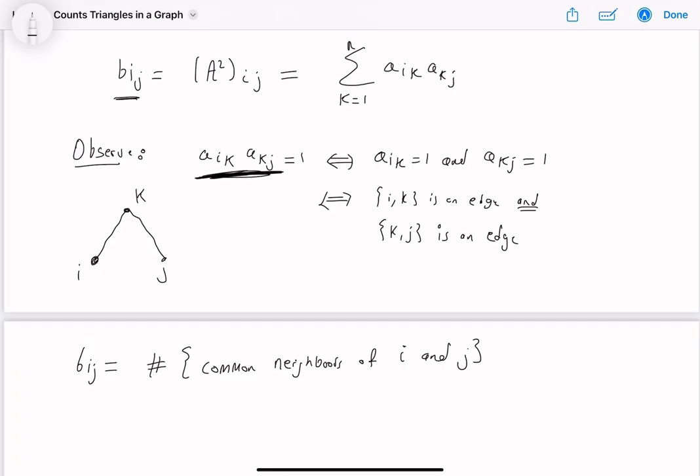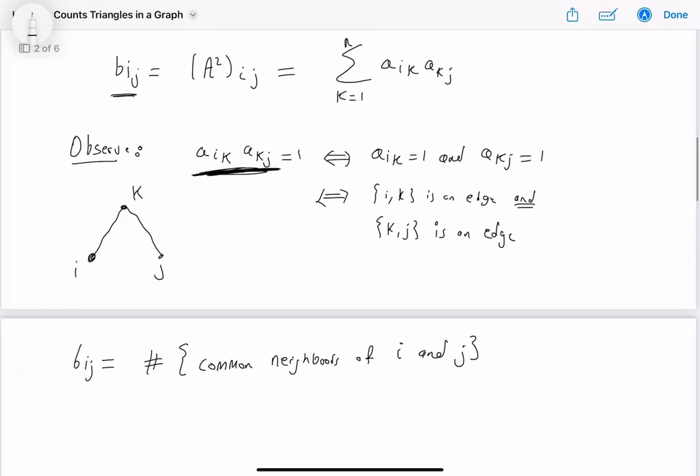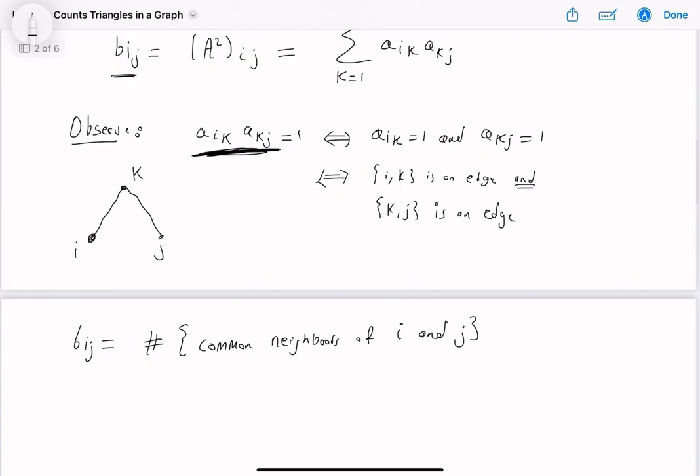So i and j, they're gonna have neighbors, meaning they're gonna have some vertices that they're connected to by an edge. And if we look at the neighbors that are common to i and j, this is what the Bij is gonna count, okay? So the key idea is that squaring the adjacency matrix counts common neighbors.